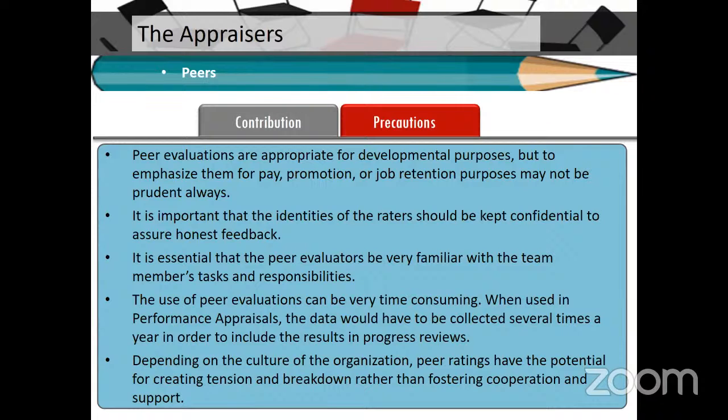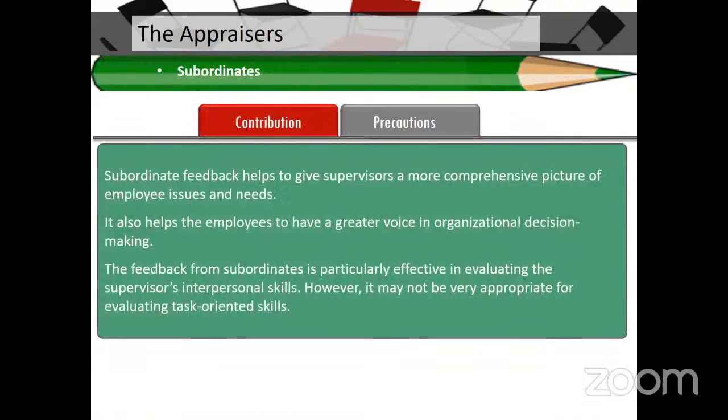We also need to be very familiar with the team members' tasks and responsibilities, because if you tell me to rate my peer and I don't even know what they do, trust me, I'll just be evaluating based on what I understand. So it's very important to ensure that when we embrace this system, they all understand, and we also give them time because it can be very, very time consuming. And if you don't give them ample time, then it compromises the objectivity of the process.